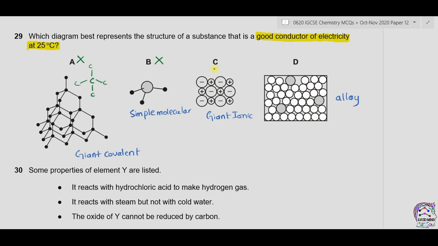In C we have opposite ions, so it is an ionic compound, but the ions are fixed at 25 degrees centigrade. They are not free to move, so C is also a bad conductor. In D we have metal atoms, and as there is a sea of electrons present, even in the form of alloy it will be a good conductor at 25 degrees centigrade. Correct answer is therefore D.